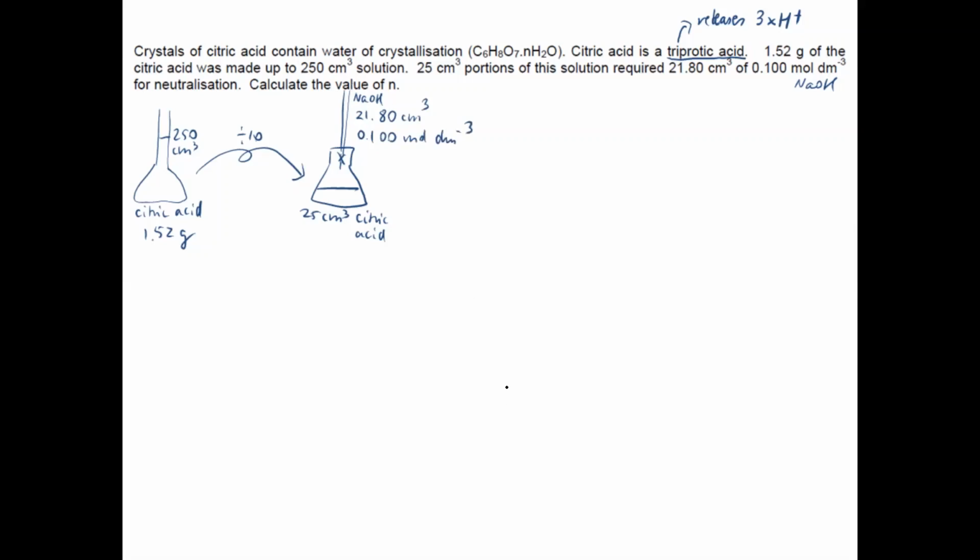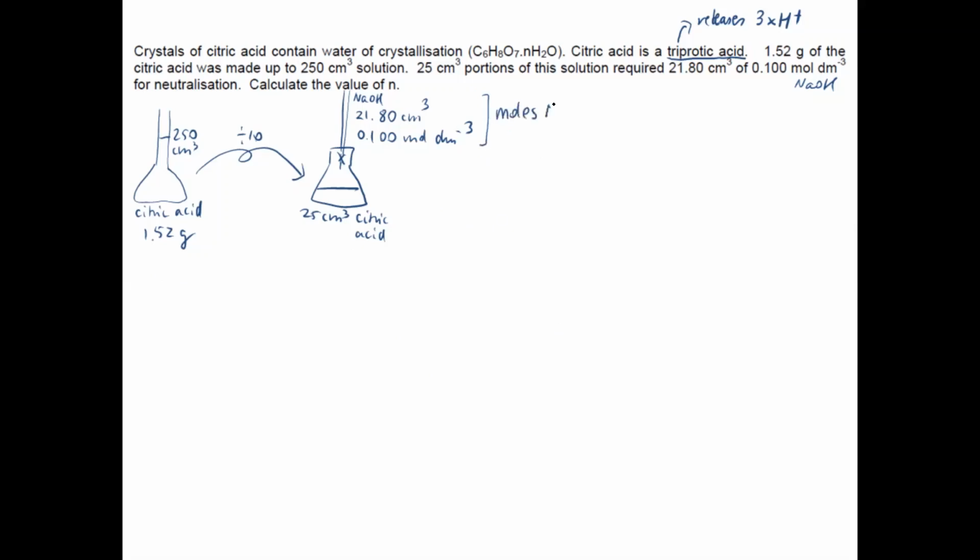How do I do that? Well, let's work out what we can, and then figure out how to work out the value of n. I've got volume and concentration, so I can work out the moles.